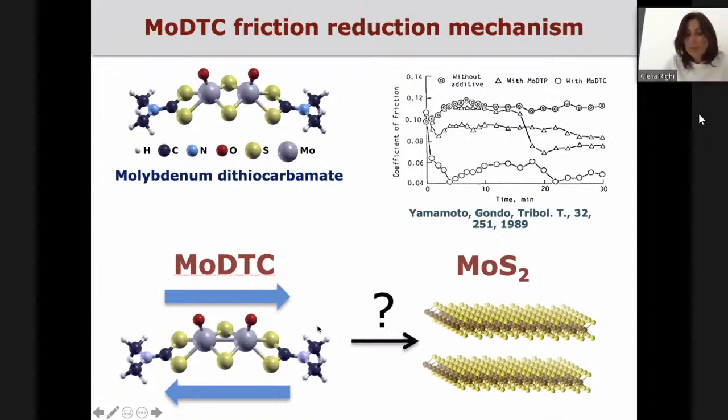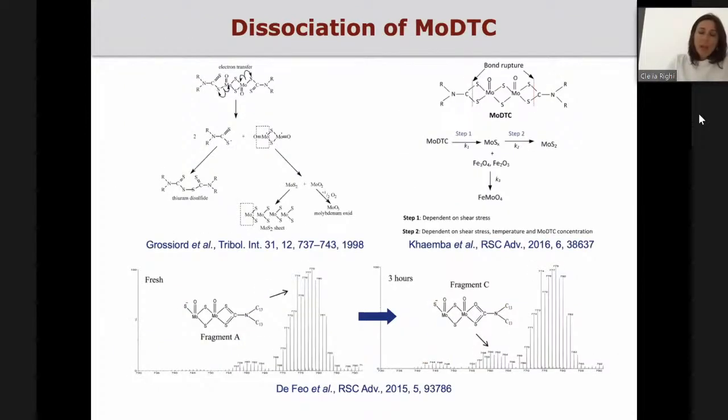And this process, that occurs in boundary lubrication conditions, is not fully understood. Different hypotheses have been made based on experimental observations. Back in 1998, a mechanism was proposed that started with the molecular dissociation with the cut of the molybdenum-sulfur bonds.